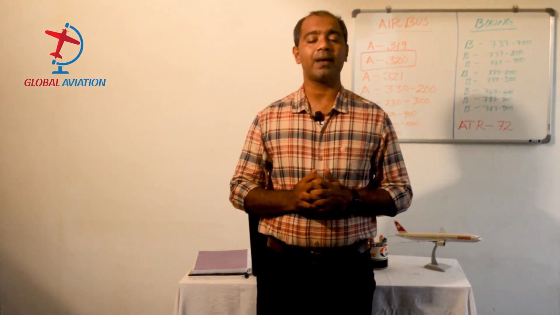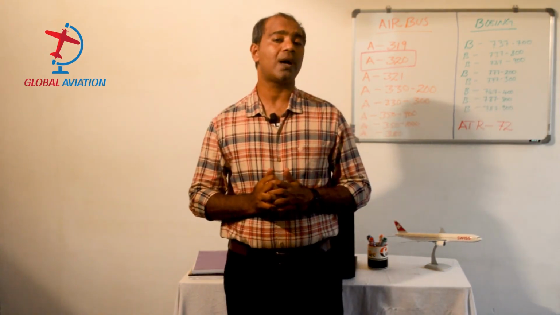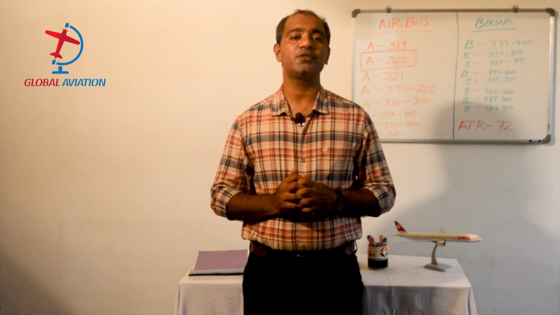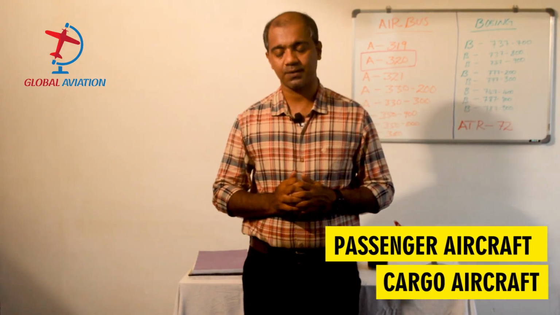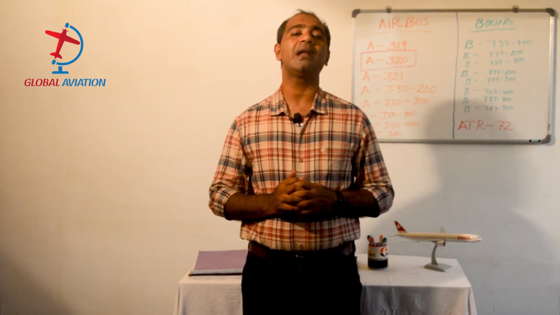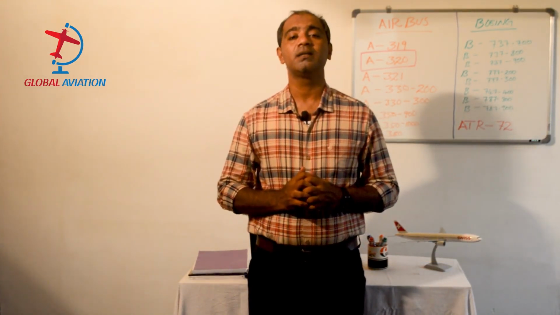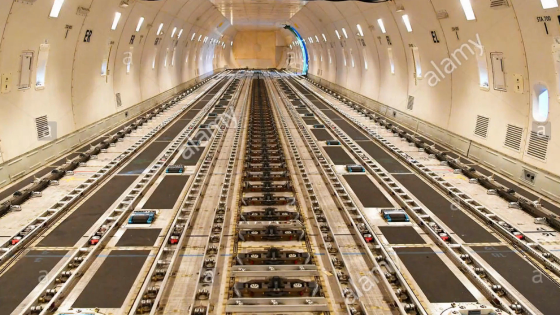Based on the requirement, we can divide all these commercial aircraft into two. The first one, passenger aircraft. The second one, cargo aircraft. All the commercial aircraft have two decks. The first one is the main deck and the second one is the lower deck.